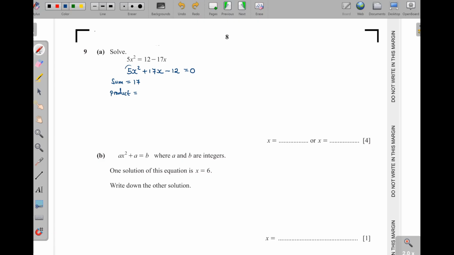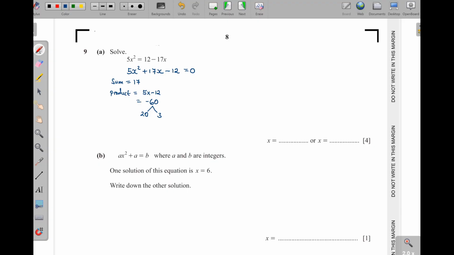We always get the coefficient of the x squared times this constant here. So it is 5 times negative 12, which is actually negative 60. So two numbers, when we multiply them, they give us negative 60. But when we add them, they give us what? 17. So we have 20 and 3.